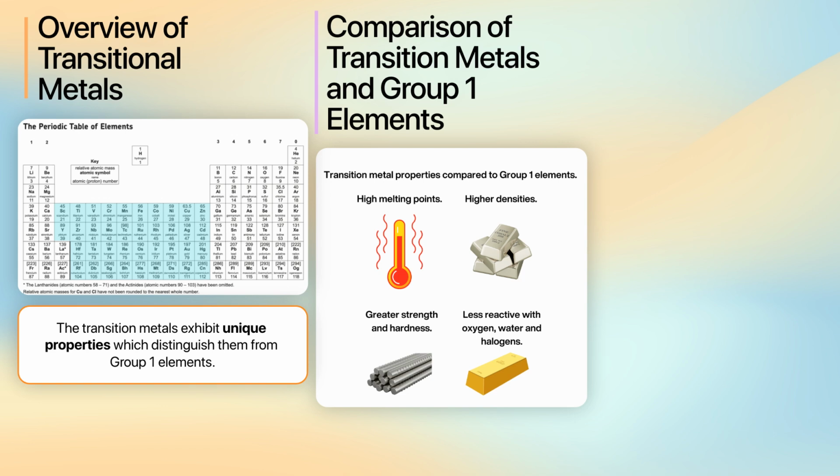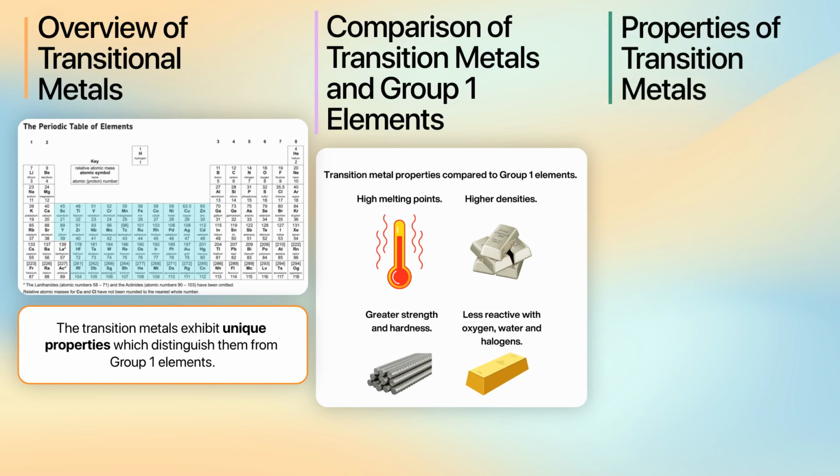Transition metals have high melting points, higher densities, and greater strength and hardness compared to the softer, less dense Group 1 metals, which have lower melting points. Additionally, transition metals are less reactive with oxygen, water, and halogens than the highly reactive Group 1 elements.